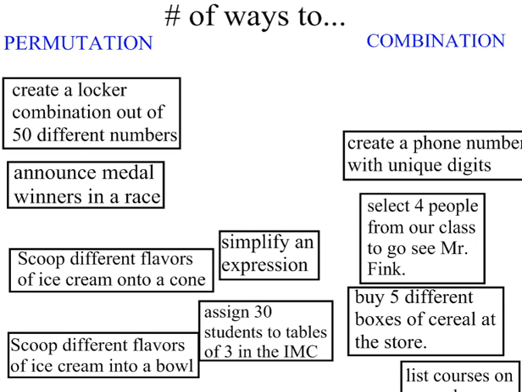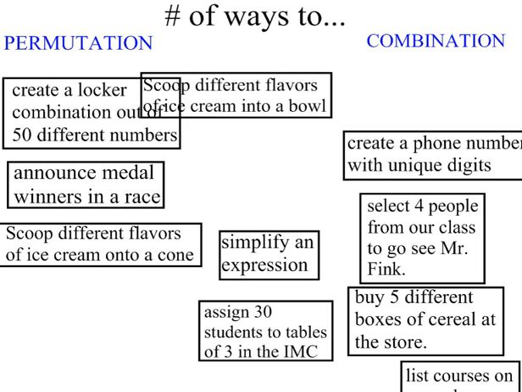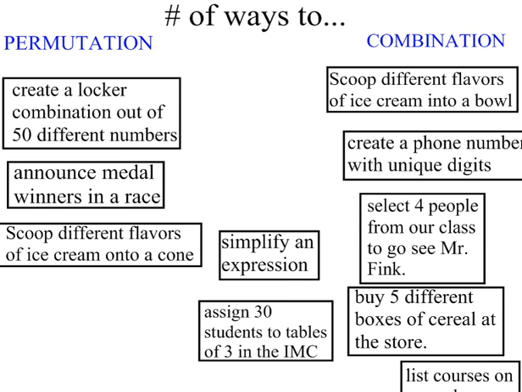And so if you have chocolate on top and the vanilla on bottom, it actually is going to be different than putting the vanilla on top and the chocolate on bottom. So if you're scooping them into an ice cream cone, you're layering them, and so order is going to matter. But if you're just putting them into a bowl, then you just have this random bowl of all kinds of different ice cream, so that you can't tell the order.